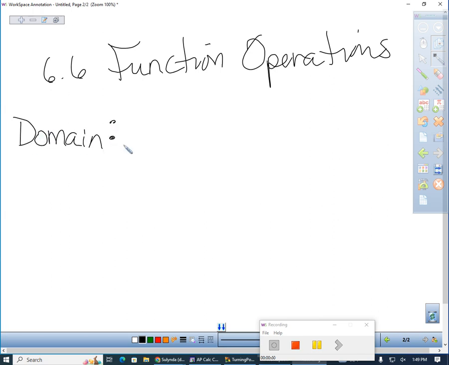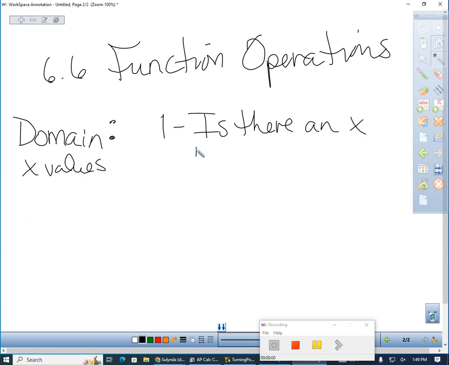Now remember that domain is your x values. We've talked about domain before, right? When you are finding the domain, there are two things you look for. Question 1, is there an x in the denominator?